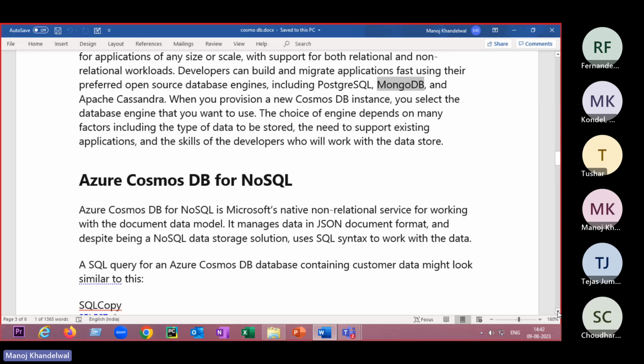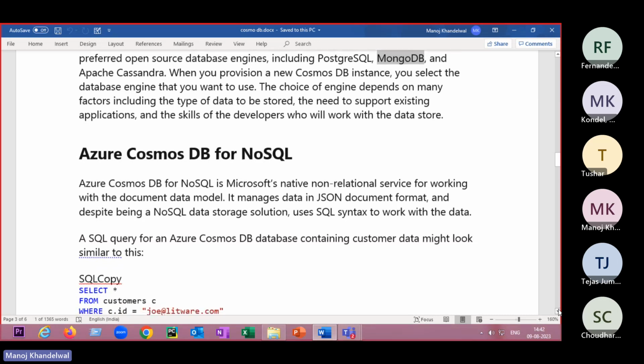When you create a DB instance, you specify what engine you want to use, and it will do that abstraction. That means the code will not change. Whatever you were doing before, same thing you're doing here. The Cosmos DB is silently doing the translation and making your life comfortable.